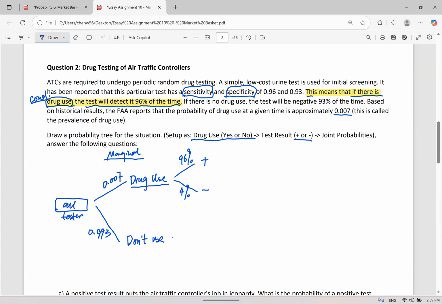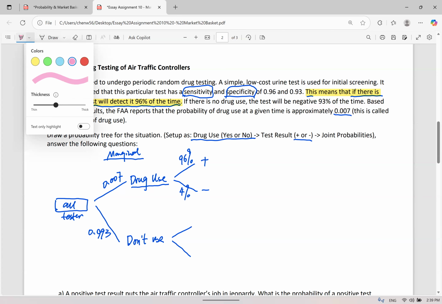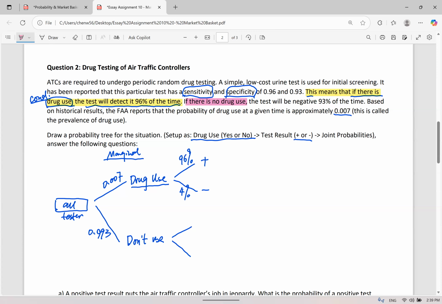Okay, then the same idea for specificity. If there is no drug use, then the test will be negative 93% of the time. Actually these two sentences are talking about our popular percentages called the true positive or false negative.